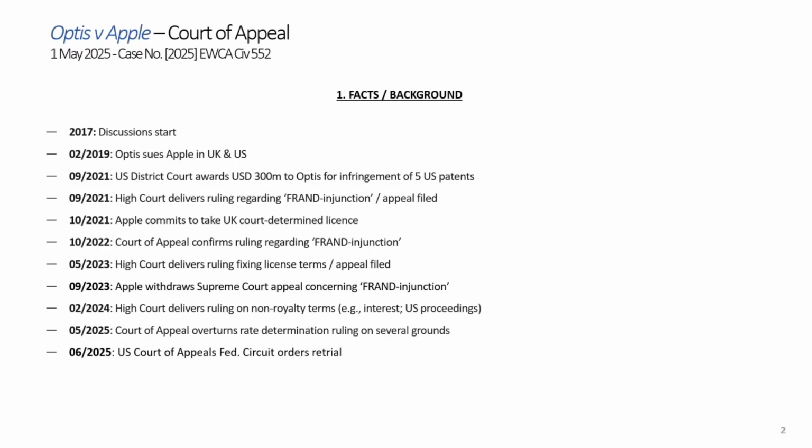And this was interesting because almost simultaneously, the High Court delivered its ruling and found that there should be a FRAND injunction in this case, which means that an injunction would be enforced unless Apple would commit to take a license on the terms that the UK courts would determine, which Apple refused to do until that point in time.